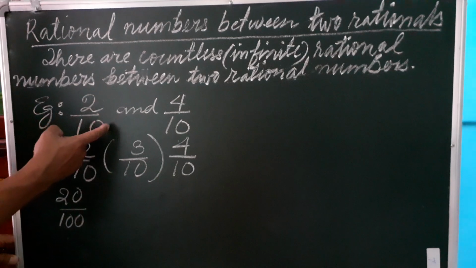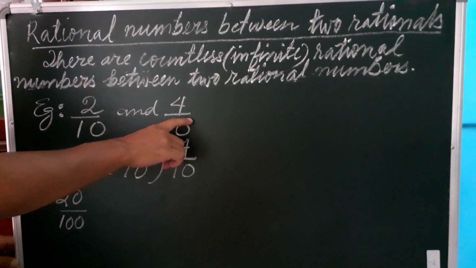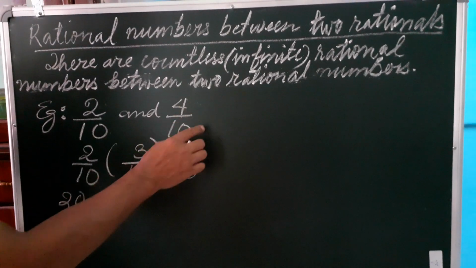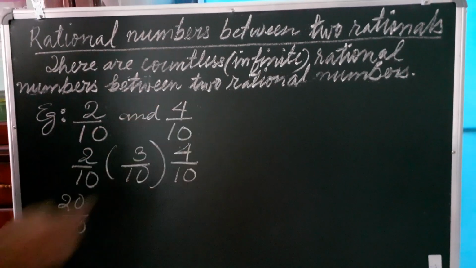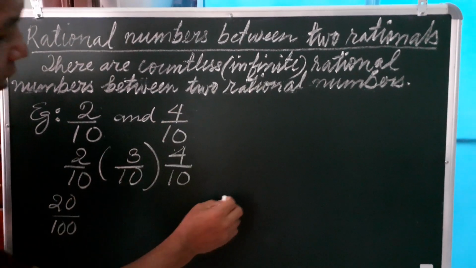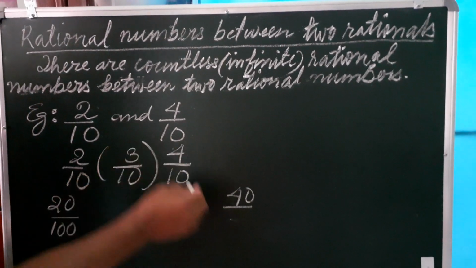Multiply numerator and denominator by 10. In the same way, 4 by 10, we will multiply numerator and denominator by 10 to get an equivalent fraction. So 4 into 10 is 40, and 10 into 10 is 100.